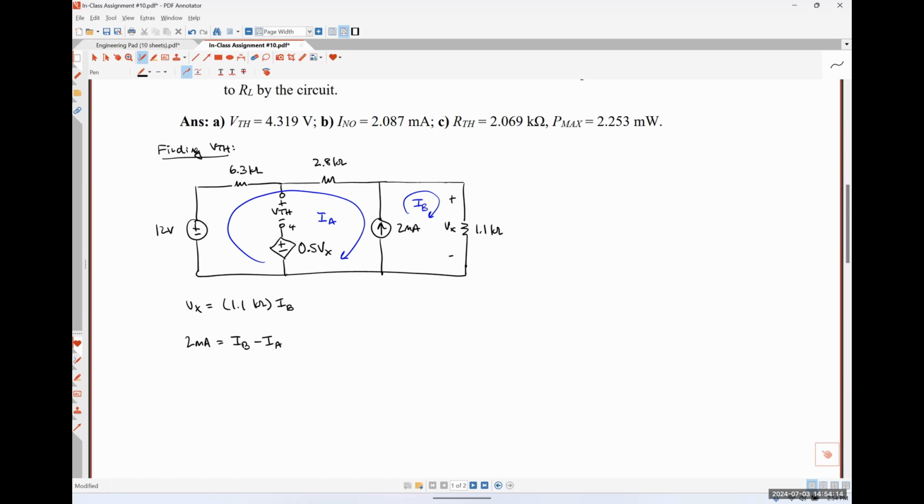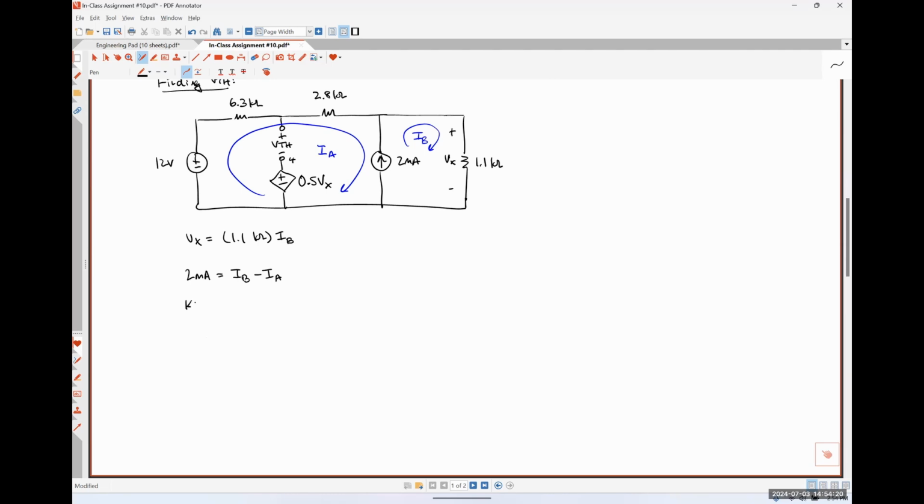And now we're going to write a KVL equation effectively around the outside loop of the circuit. So KVL around the supermesh is going to look like negative 12 volts plus 6.3 kilo ohms plus 2.8 kilo ohms times IA plus 1.1 kilo ohms times IB is equal to 0.